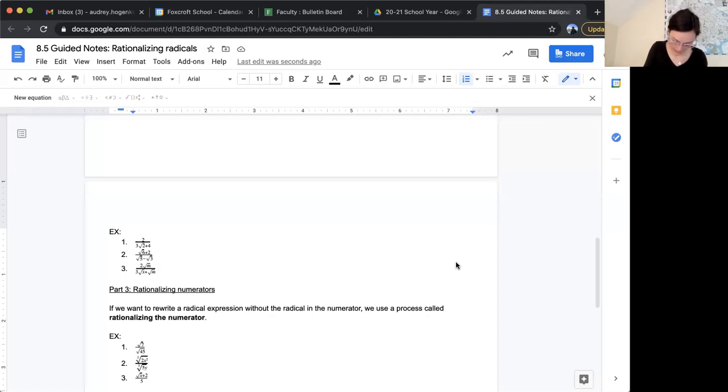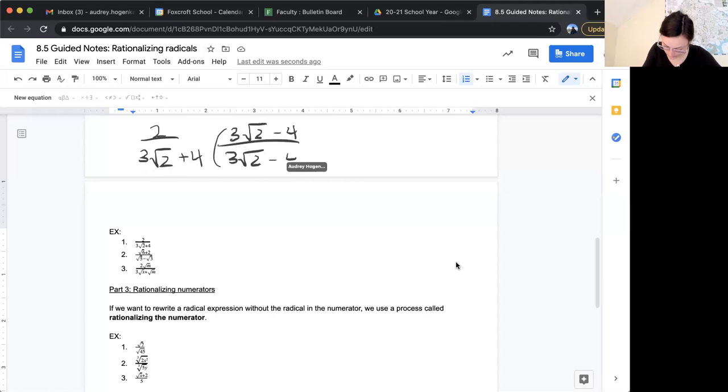So first up, we have 2 over 3 square root of 2 plus 4. And so the conjugate of our denominator is going to be 3 square root of 2 minus 4. So we are going to multiply by 1 again, which is going to be 3 square root of 2 minus 4 over 3 square root of 2 minus 4.